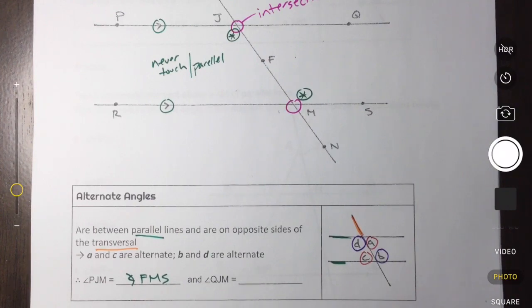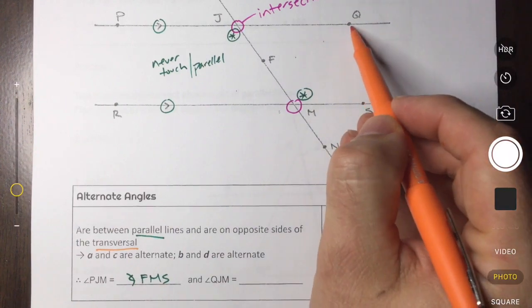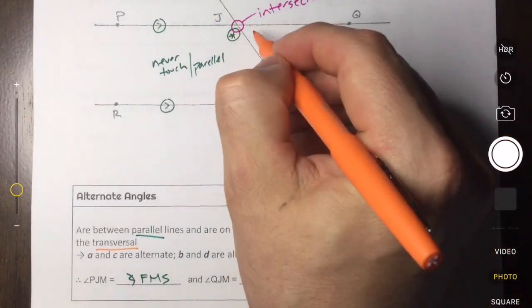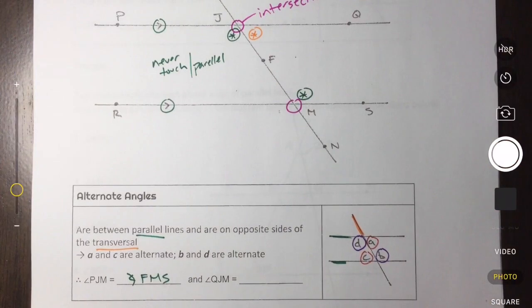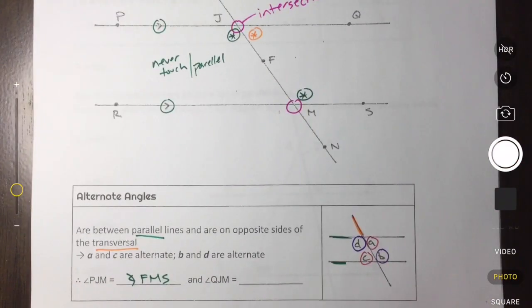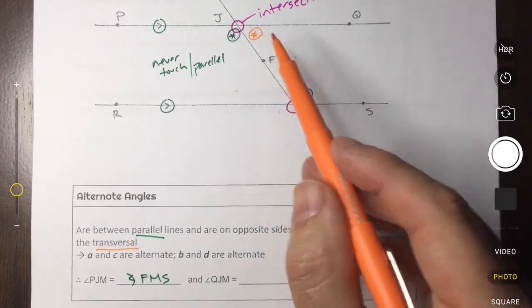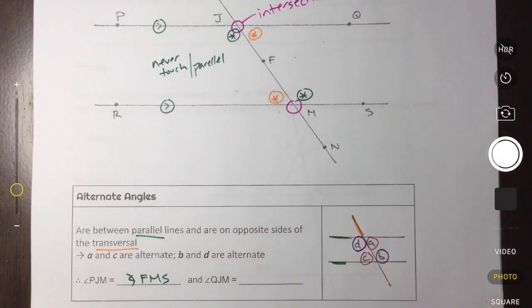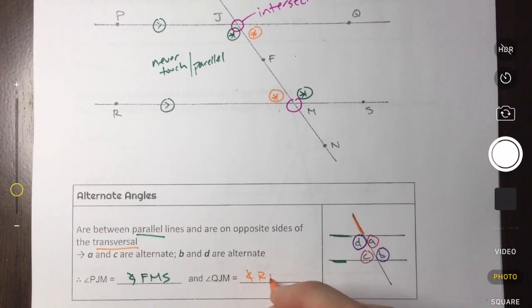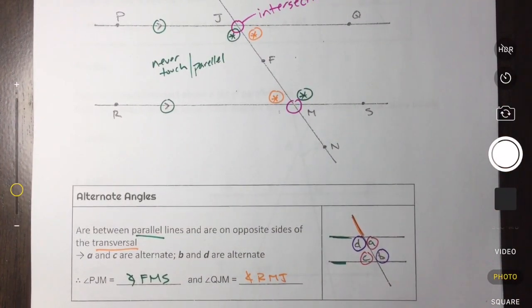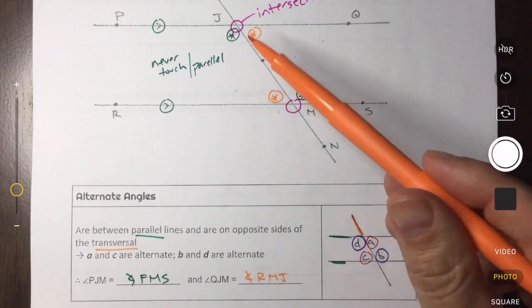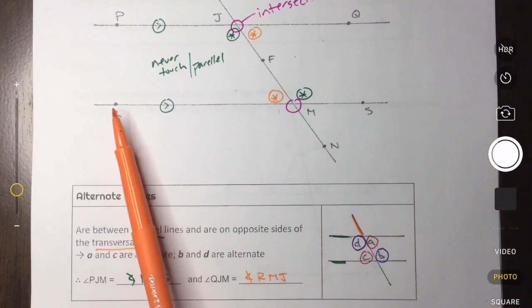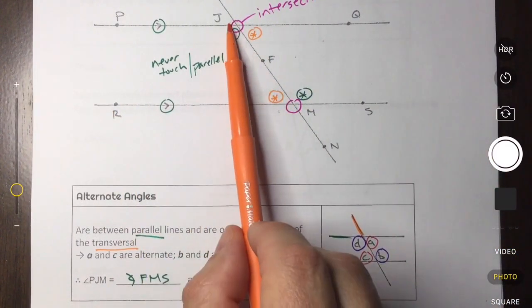I can also say that angle QJM, so if I find that one, QJM, so right there, is going to be congruent or the same measurement as angle RMJ, that one right there. Remember, there's different ways I could write this. I could also write this as FMR or JMR. That's no problem, but I'm just choosing to go RMJ.